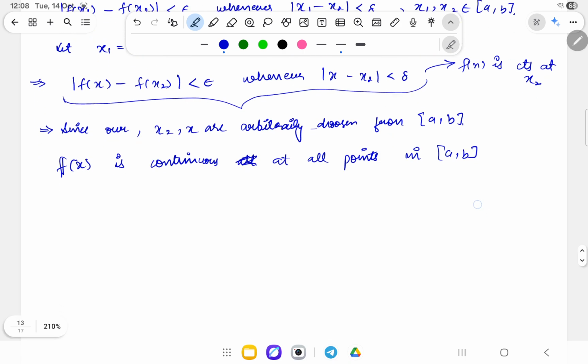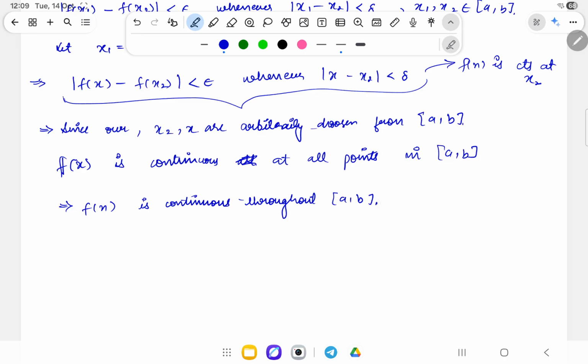So from here we can see that f(x) is continuous throughout [a, b]. Now let's move on to see the next question.